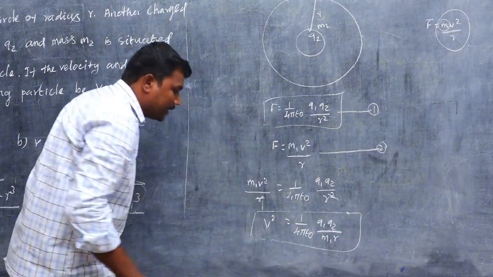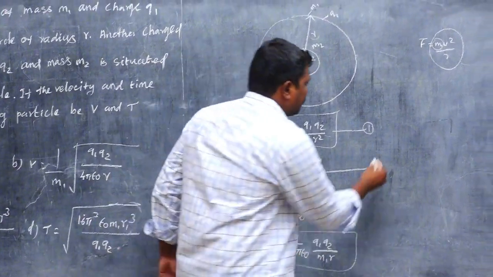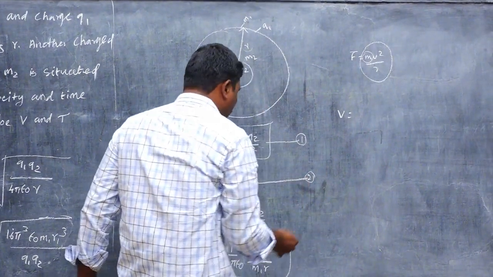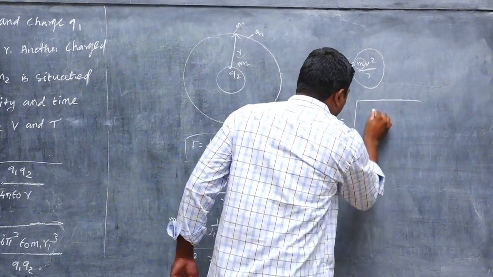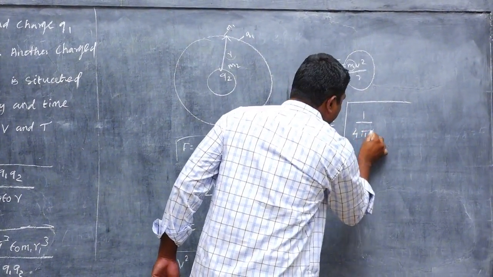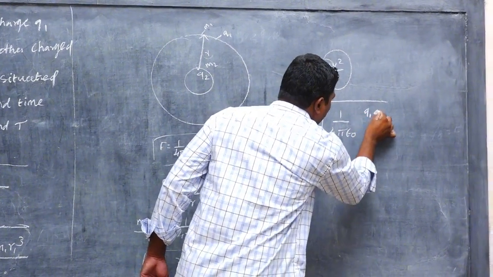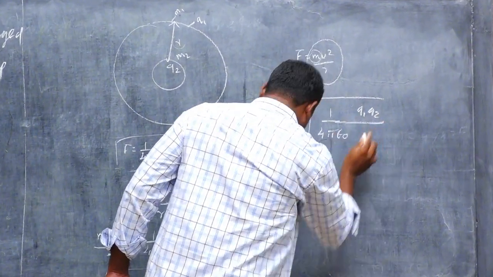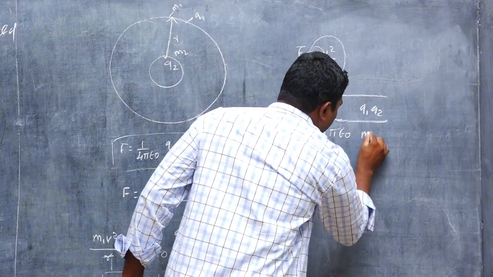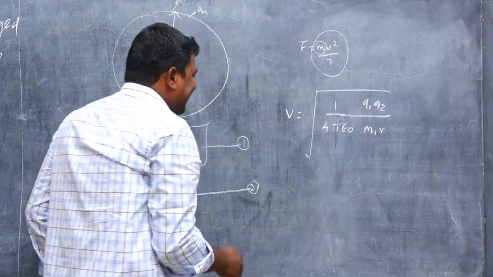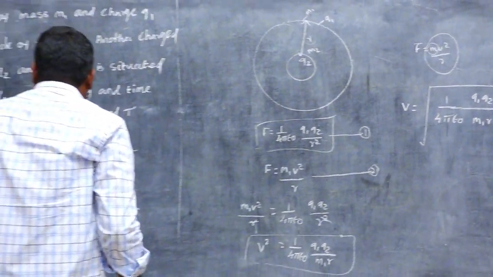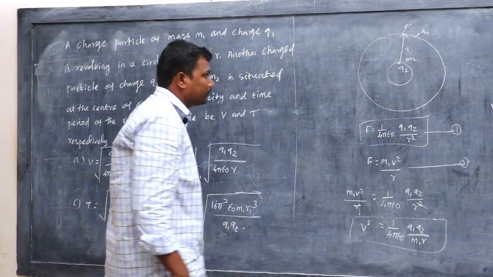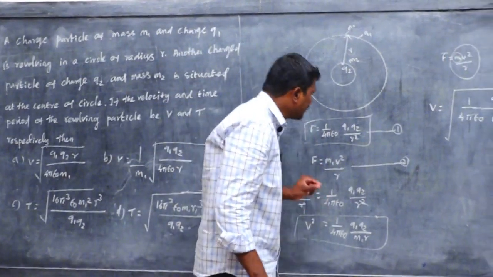So V is equal to the square root of 1 by 4 pi epsilon naught q1 q2 divided by m1 r.